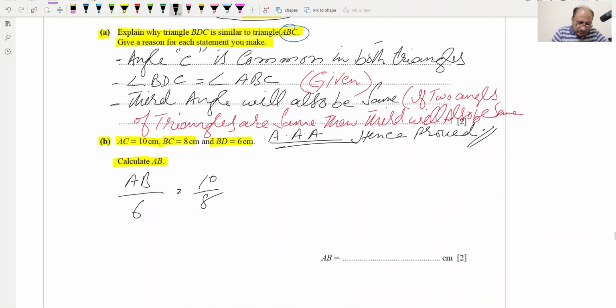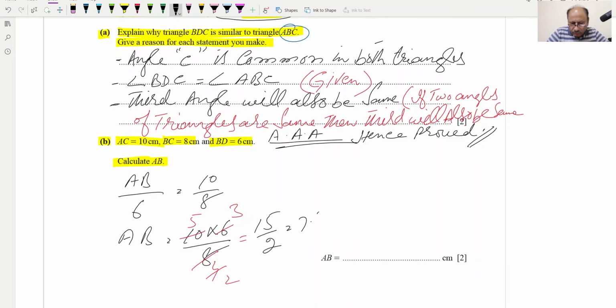So AB will be equal to 10 into 6 divided by 8, and we can cancel. 2 4s are 8, 2 3s are 6, 2 2s are 4, and 2 5s are 10, and this will be equal to 5 3s are 15. So 15 by 2, which is equal to 7.5 centimeters. So 7.5 centimeters will be our final answer. It is a 2 marks part which we are done.